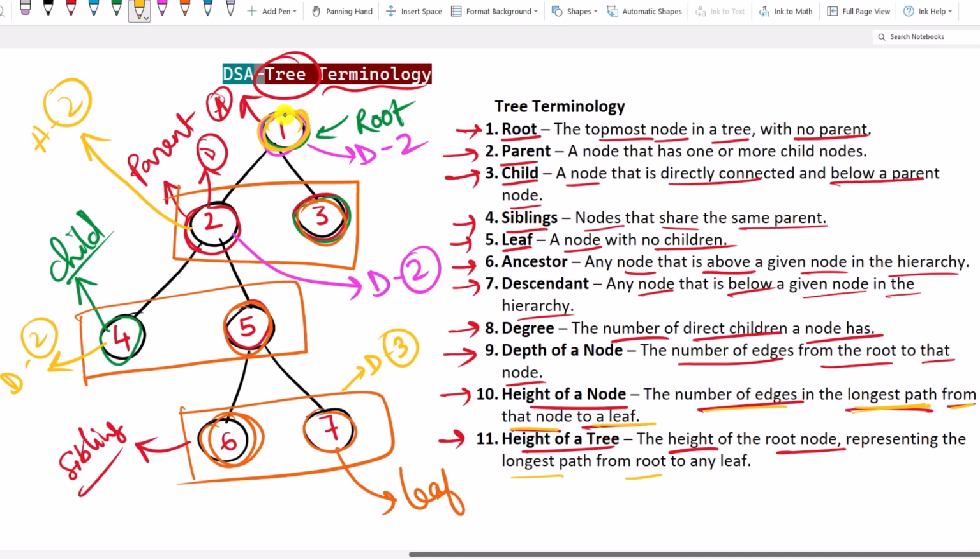So from this root node, we can either reach the leaf node 3, the leaf node 4 or the leaf node 6 and 7. So among these paths, the longest one is to the leaf node 6 or 7. So we have found the longest path. Now we have to find the number of edges. So here we have 1, 2 and 3 edges. So that means the height of the entire tree will be 3.